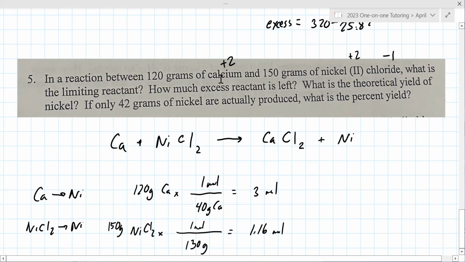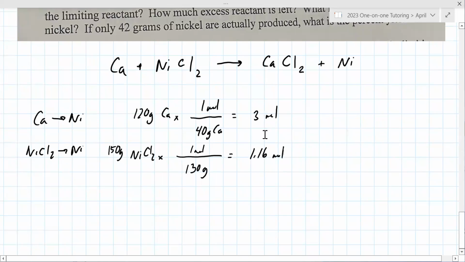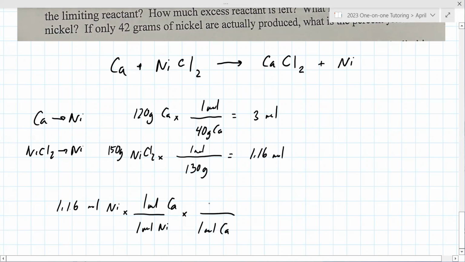How much excess reactant is left? Basically they're saying we know that Ca is in excess. So how much do we actually need? You use the one that's limiting and you work backwards. To produce 1.16 moles of Ni, use the mole conversion. 1 mole Ni is 1 mole Ca, and 1 mole Ca is 40 grams Ca.